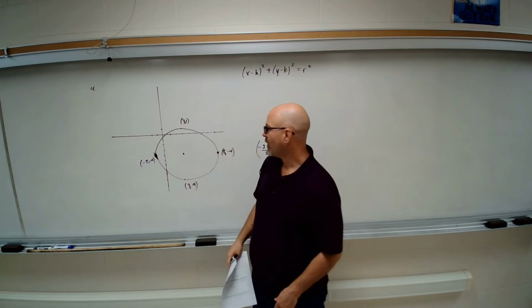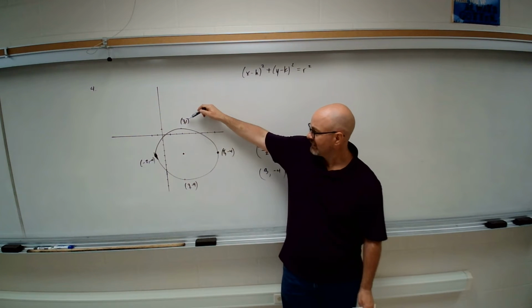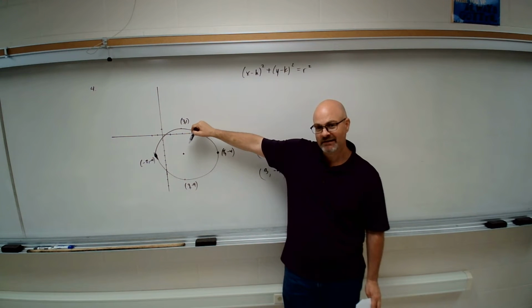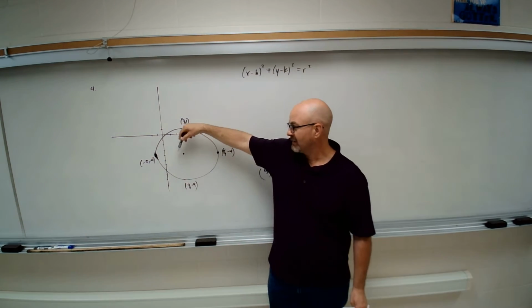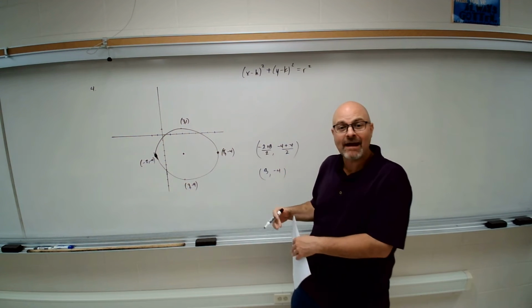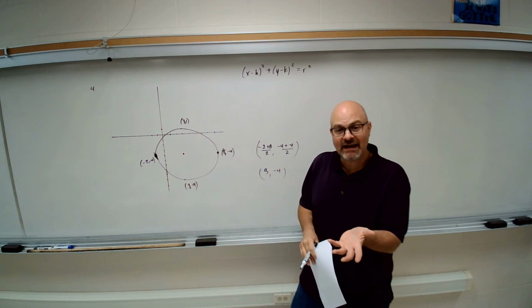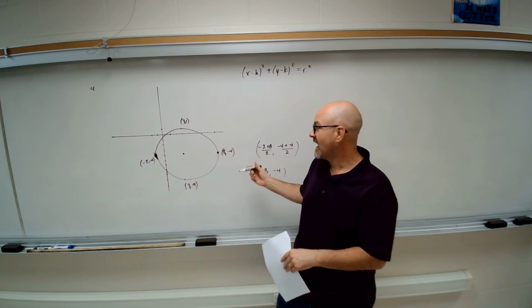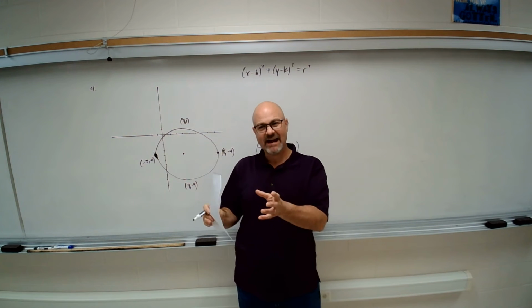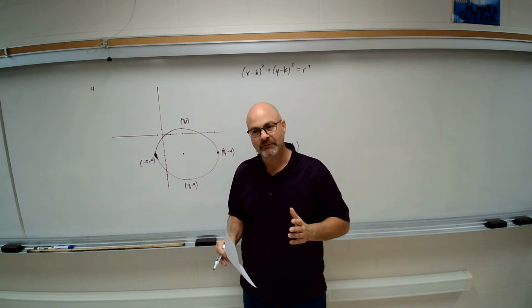If you have all these points, we also could tell that these are both 3's, so this would be 3 in the middle, and these are both -4's in the y position. Or you could do the average. The average is nice. If you're ever told you have a diameter that's maybe not horizontal or vertical, you really don't want to have to try to reason it out. You just take the average of it. That's a nice thing to do.